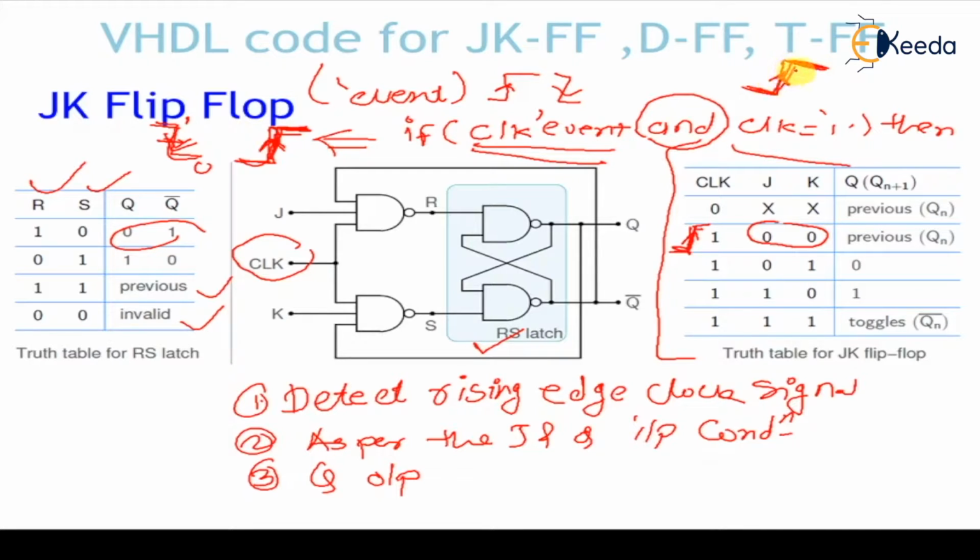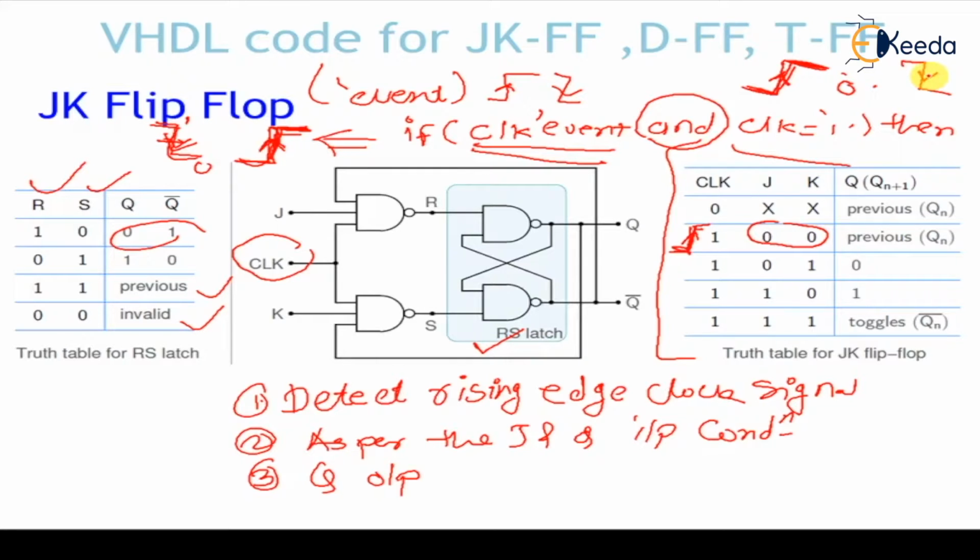That means this detects the rising edge. Now in case we want to detect the falling edge, the statement will be: if clock tick event, there is a change, and clock should be 0, so in that case it will detect the falling edge of the clock. This is a very important concept in writing VHDL code for flip flops.